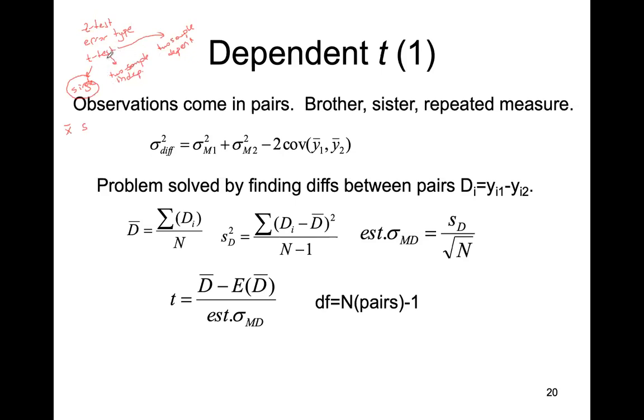If I have two independent samples, then I have the t as the difference, right? x1 bar minus x2 bar minus mu1 minus mu2 divided by estimated sigma difference. And there were some formulations.